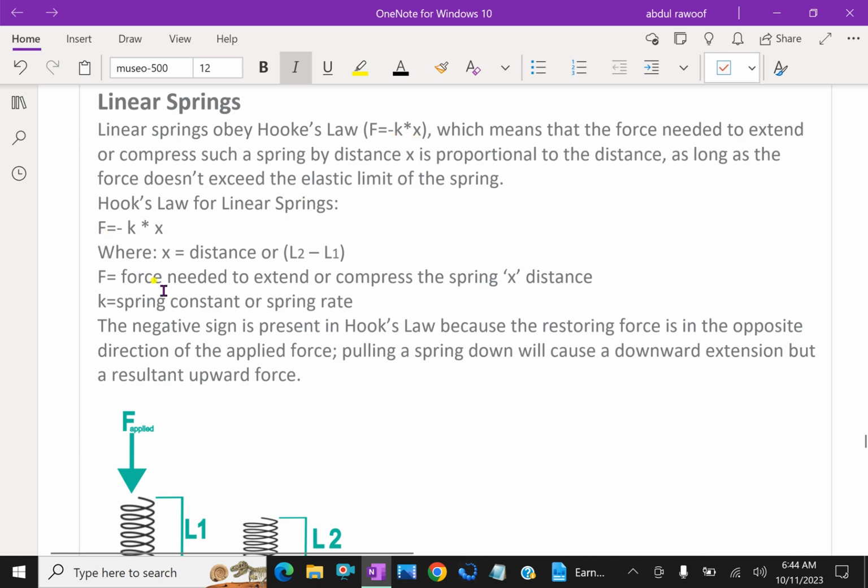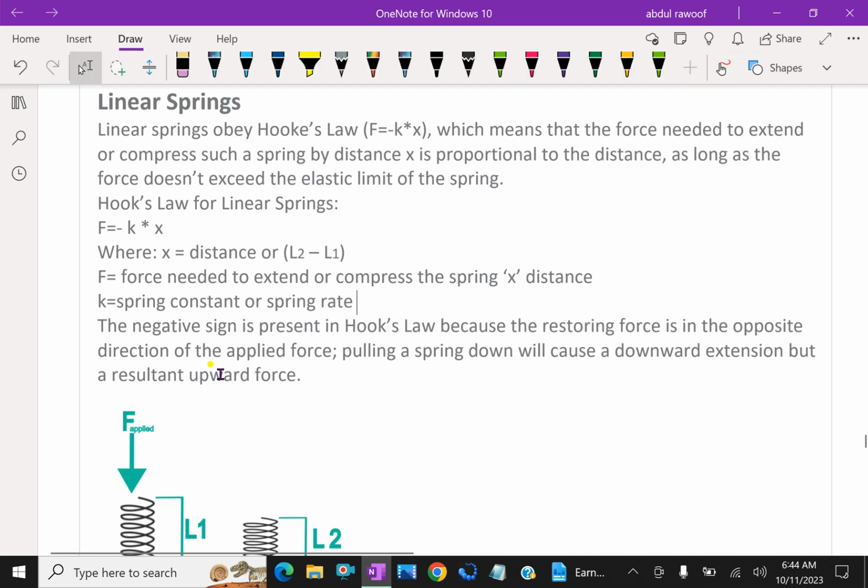Hooke's law is F equal to minus k into x, where x is the distance, or L2 minus L1, final length minus initial length, F is the force needed to extend or compress the spring, and k is the spring constant or spring rate. The negative sign is present in Hooke's law because the restoring force is in the opposite direction.